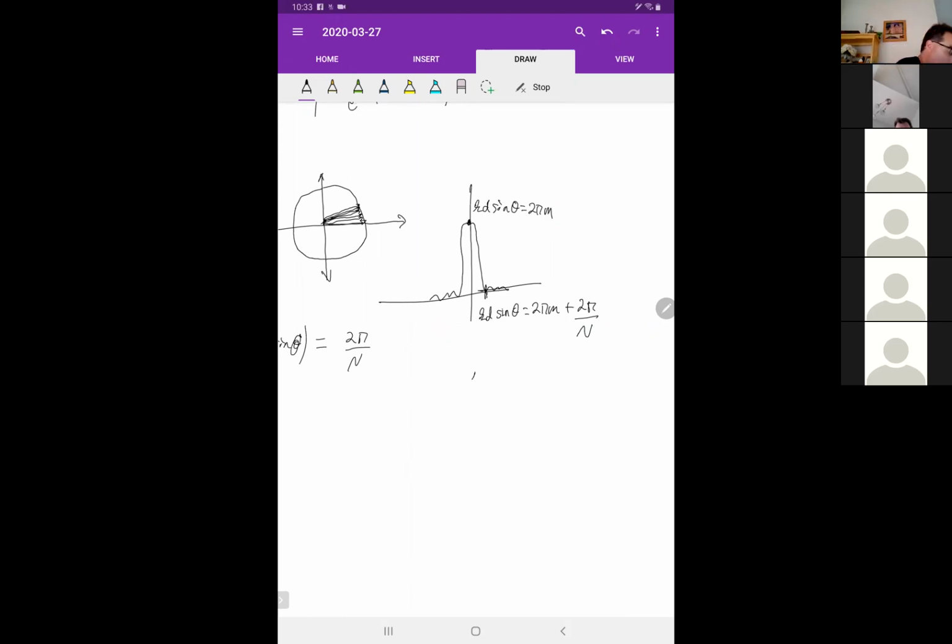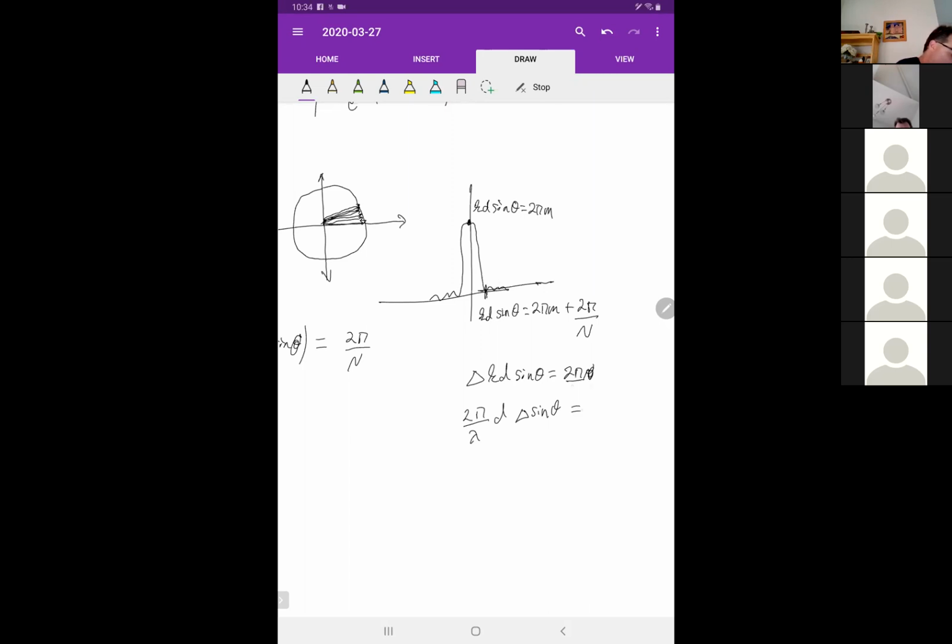So delta kd sine theta is 2 pi over n. That's 2 pi over lambda d delta sine theta, because we're measuring theta here. Lambda isn't changing. We've sent in some fixed wavelength of light, and we're just measuring at different angles.